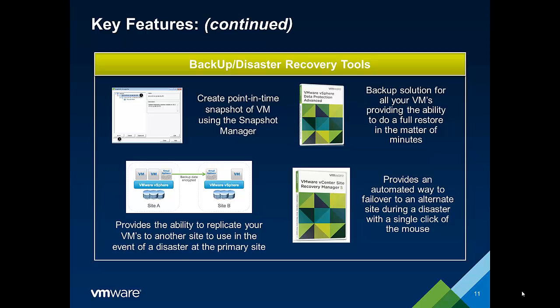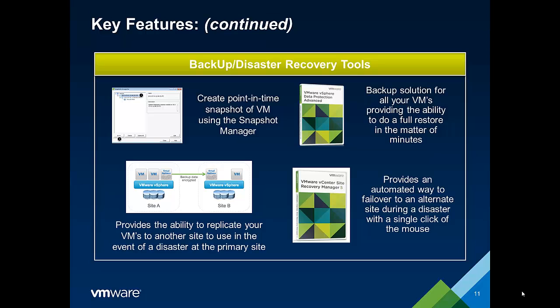It goes down. We want to be able to migrate our VMs out to site B so that our business can stay up and running along with our servers. So vSphere Replication will allow you to replicate those VMs out to your alternate site or your DR site. Now, this is again a manual process.